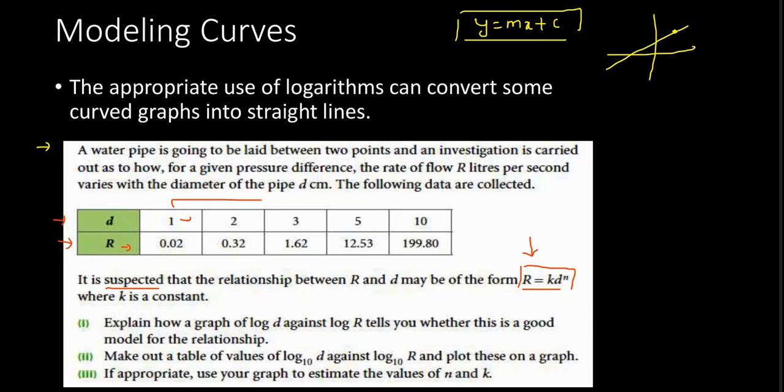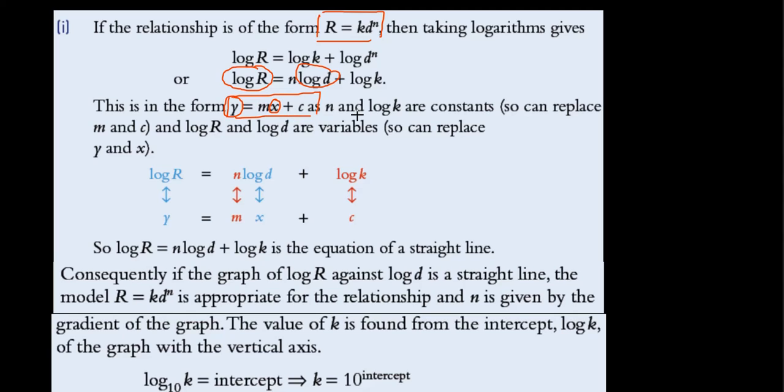And log k is some constant, because k is a constant, so log of that constant will again be a different constant, right? So log r is the variable y, log d is your variable x, and log k is c.